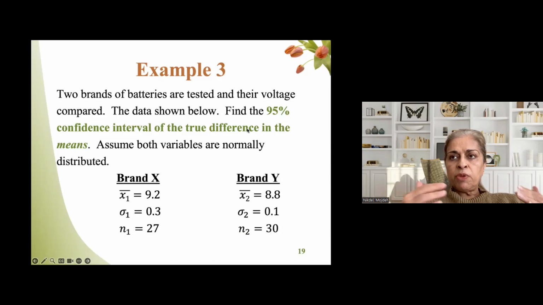So we have to say mu1 minus mu2 is between two numbers, larger than one number and less than another. I have given you statistics for two brands of batteries, brand X and brand Y. So our parameter is the mean, mu.